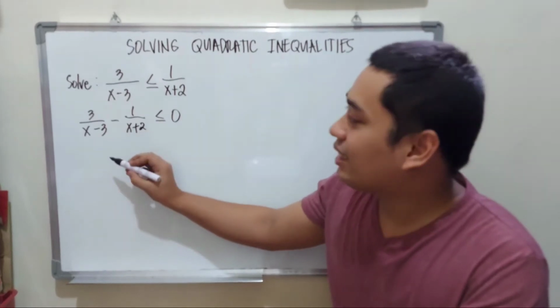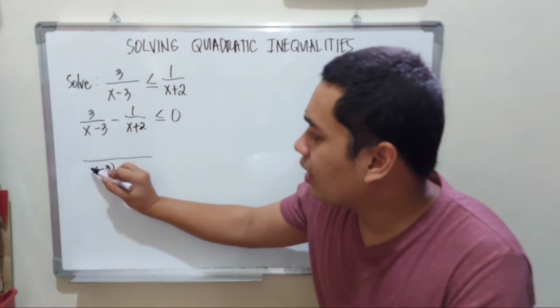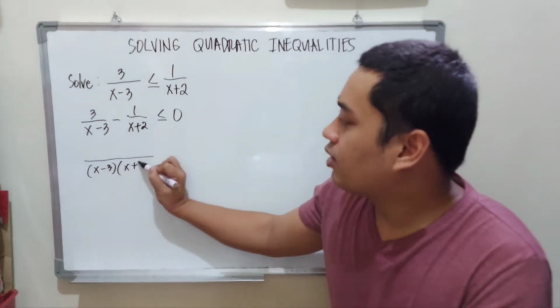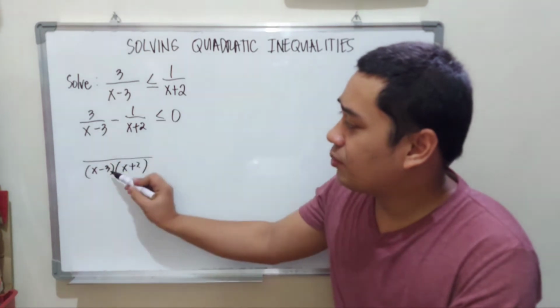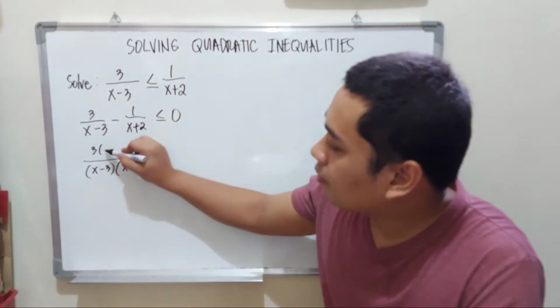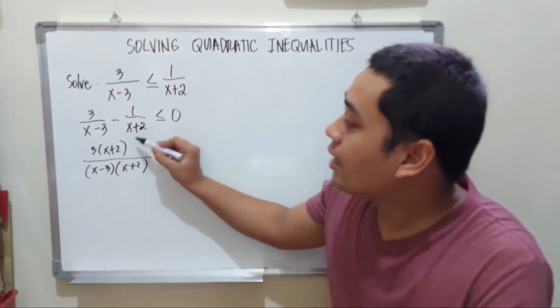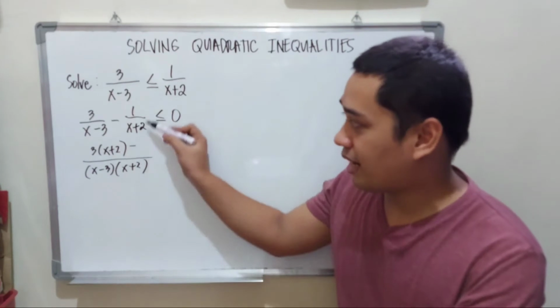By getting the LCD, we have x minus 3 times x plus 2. Then, divide lang natin, cancel yung magkaparehas. Then, we will have 3 times x plus 2 minus, then, mawawala na ulit yung magkaparehas na factor.